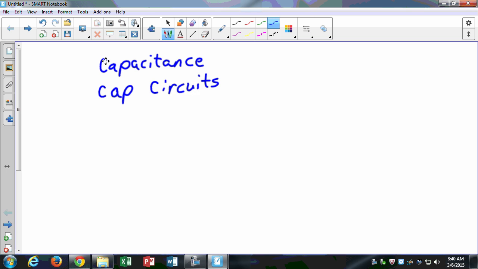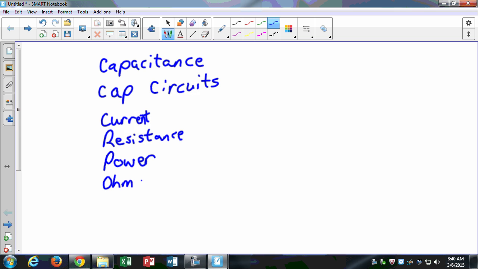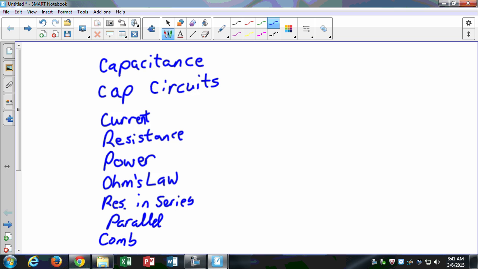And then we have current, resistance, power, Ohm's law. You've had quizzes on all these different topics, by the way. Resistors in series, parallel, combination circuits.